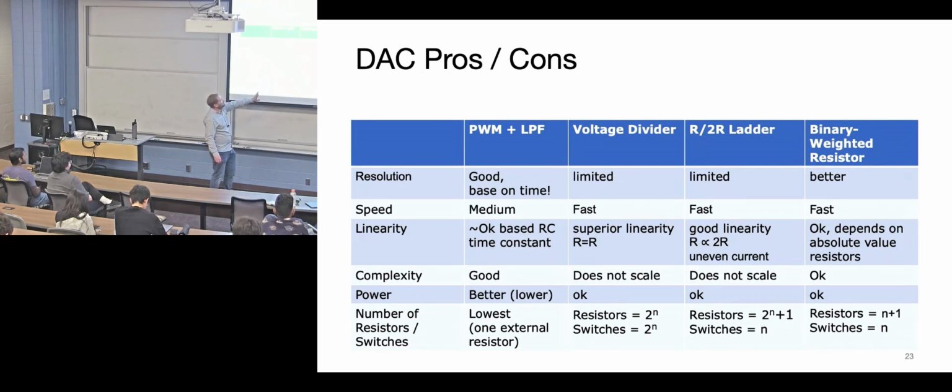So the voltage divider method, or the voltage ladder, we talked about that one. That resolution is limited to area. You have to have a resistor for every binary value. It's fast. We would say that for integrated things, the linearity is superior to the rest because it's the same exact value for each one. It doesn't scale well, power's okay.